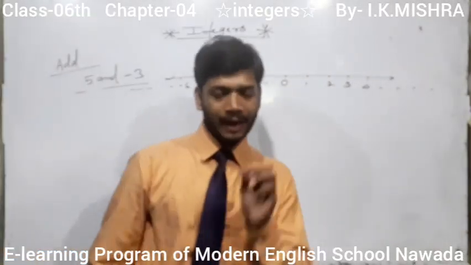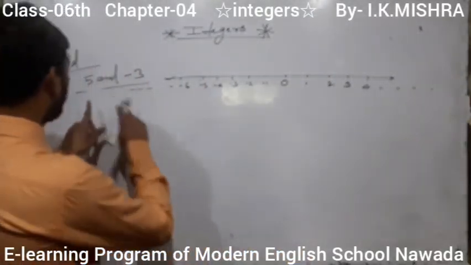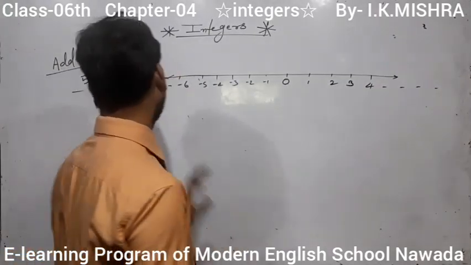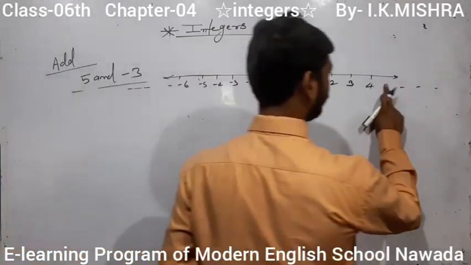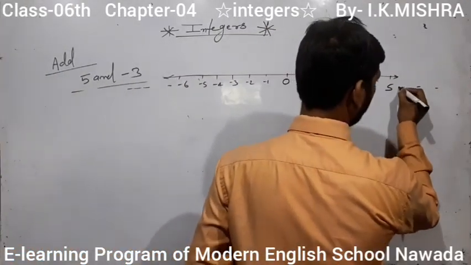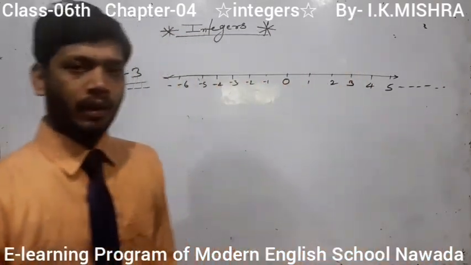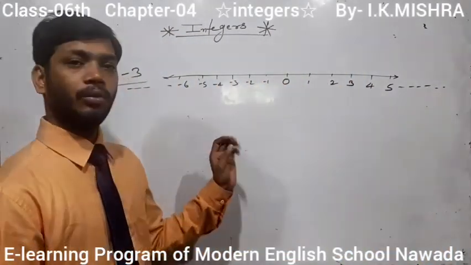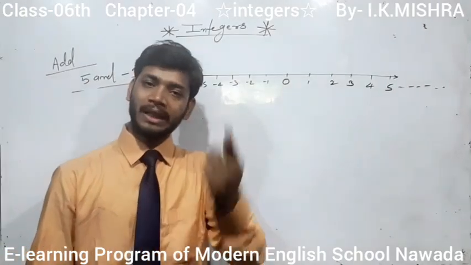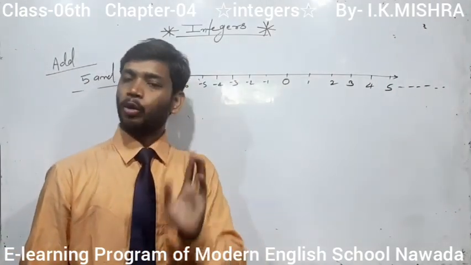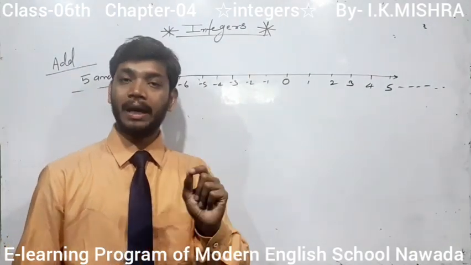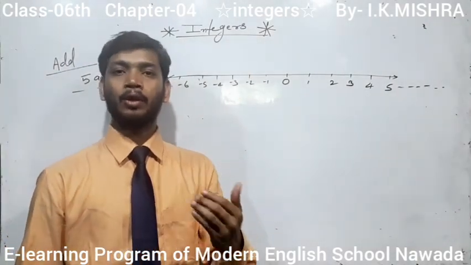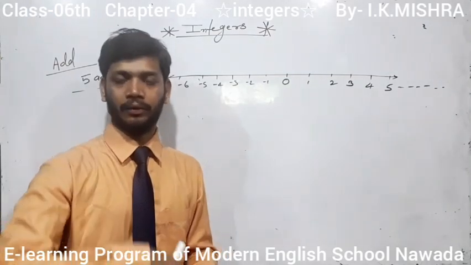Friends, you have to add 5 and -3. Suppose you take 5 and write it here. When you have to add a positive integer, go left to right, and when you have to add a negative integer, go right to left.